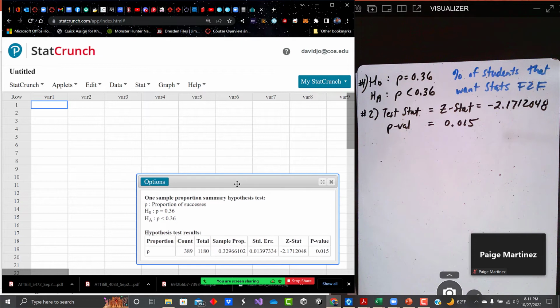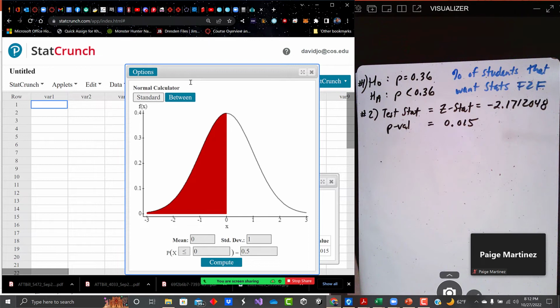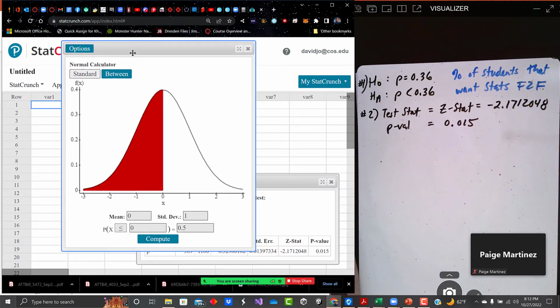Okay. I want to show you where this kind of ties into the normal calculator and stuff like that. So let's go look at this in the normal calculator. And I'm using the mean that we had before. So 0.330.